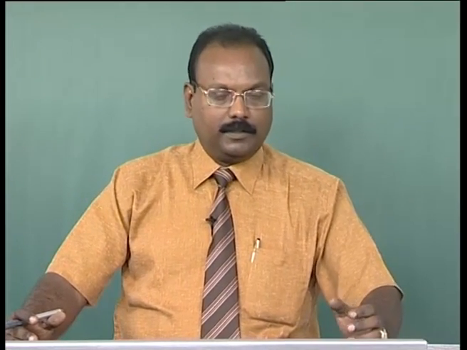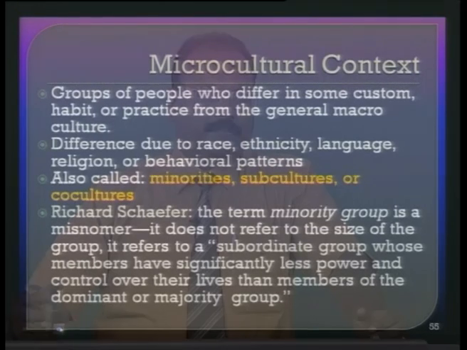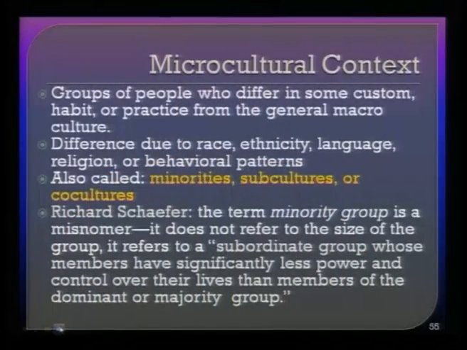Now, what do we mean by microcultural context? This is determined by groups of people who differ in some custom. This means the custom is given by the culture as a norm, but there are groups of people who differ in some custom, habit or practice from the general macro culture.